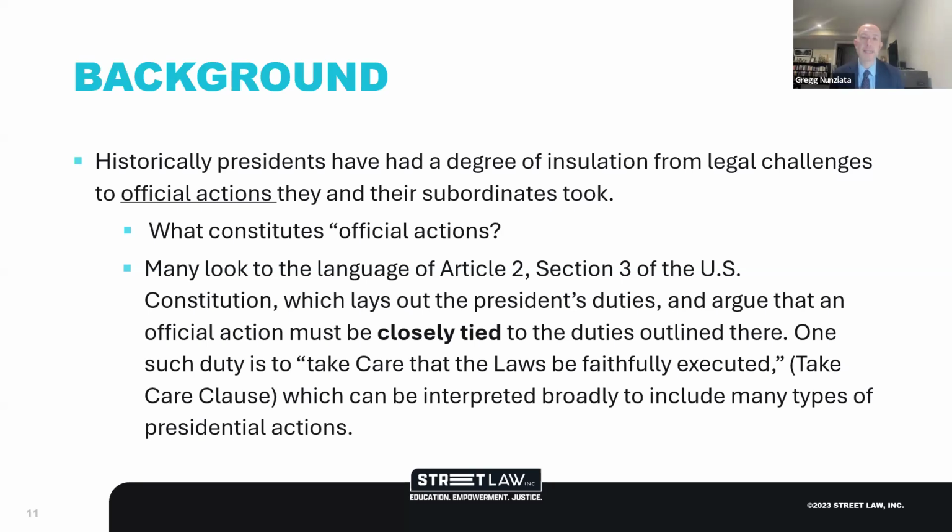But we look in particular to the duties that are outlined in the Constitution in Article 2, which sets out what the president is responsible for. It's actually not a terribly long list. George Washington, in his personal edition of the Constitution, circled it and wrote down responsibilities, powers. So it's quite manageable.